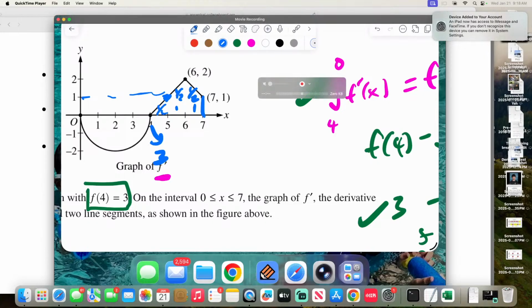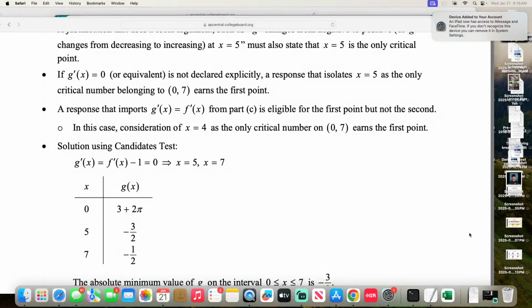What? Negative half, is that right? Let me check. Negative half, yeah. How do I get that? g of 7 is equal to f of 7 minus 7. f of 7 is 6.5, minus 7, so it's negative 1/2.